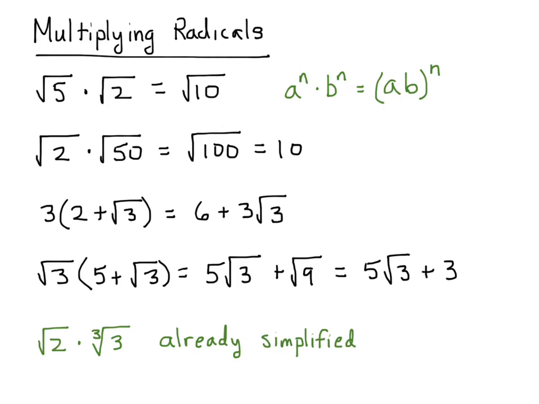So to give you an example, earlier we did something like this. If you take the cube root of 5x times, let's say, the 4th root of 5x. Okay, so with this one, what we want to do is put it in exponential form. And so we have 5x to the 1/3 times 5x to the 1/4.